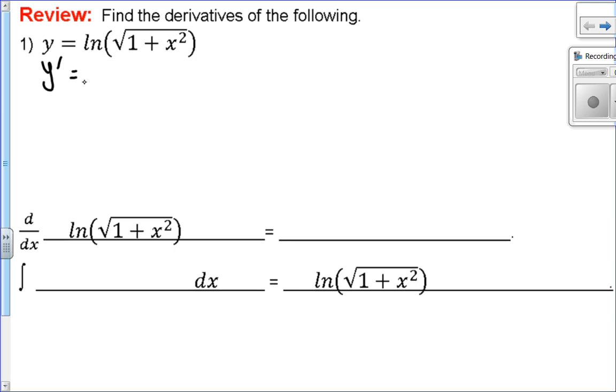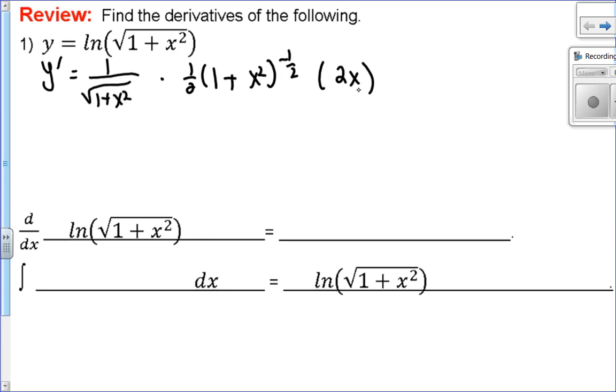So y prime equals, the derivative of ln of any argument is 1 over the argument, multiplied by the derivative of the argument. So that would be 1/2, 1 plus x squared, decrease my power by 1, and then chain rule, multiply by the derivative of the inside. Putting this together, I have half of 2, that's just x.